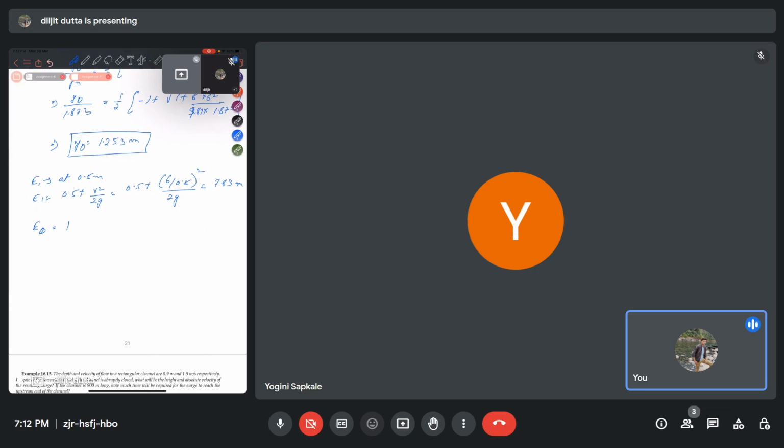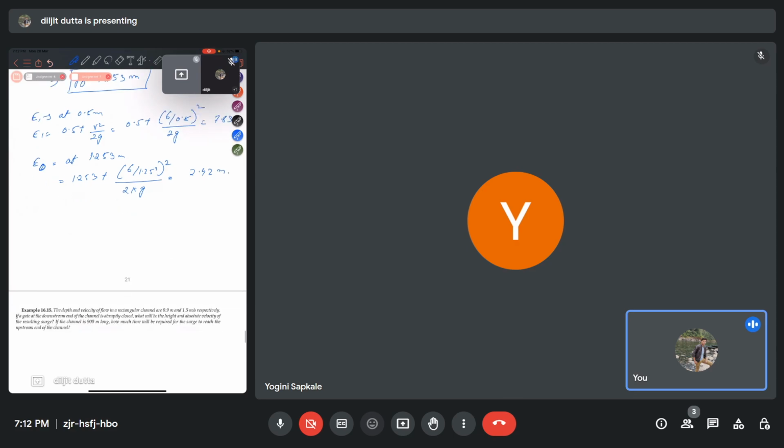E0 will be at 1.253 meter. 1.253 plus 6 by 1.253 whole square by 2 into g, and this will come around, I think, 2.42 meter.